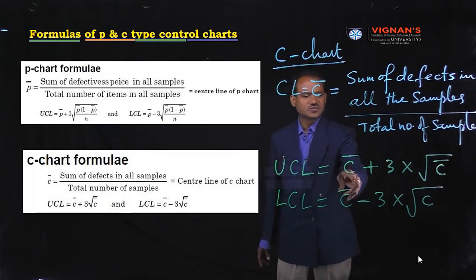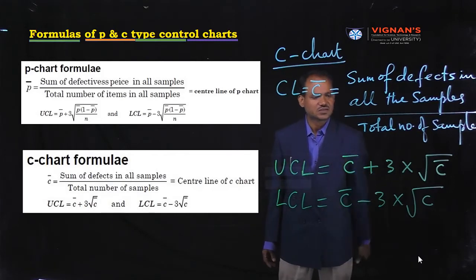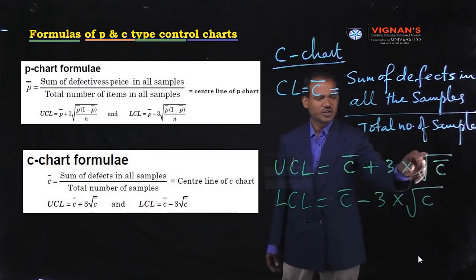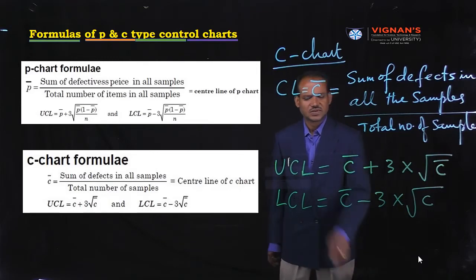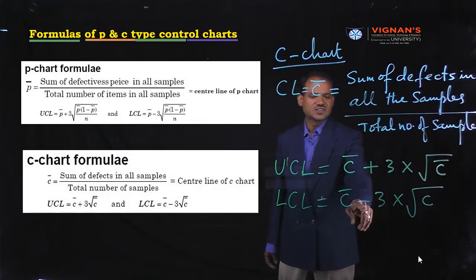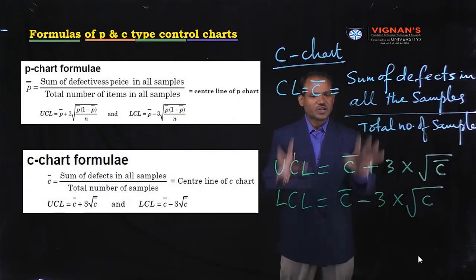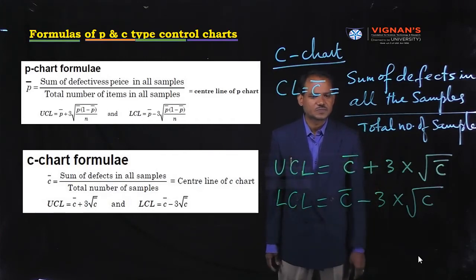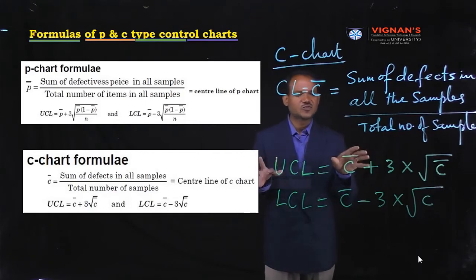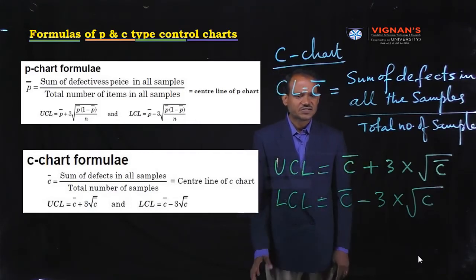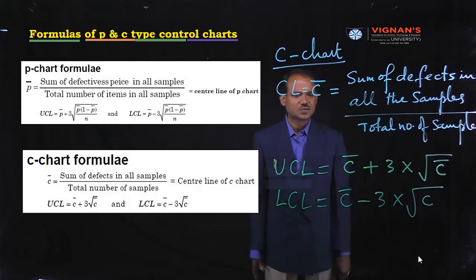UCL is equal to C bar plus 3 into square root of C bar. LCL is equal to C bar minus 3 into square root of C bar, only the symbol is changing here, minus. So you have to remember all these formulas. If you remember all these things, you can easily construct any chart. In the next slide, you are going to see how to construct a P chart for a given problem.